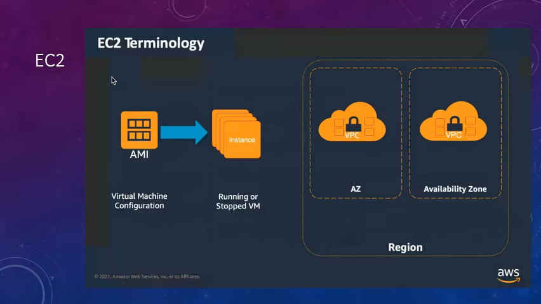Within an availability zone within AWS, you have VPCs, which are virtual private clouds. Now, these are basically your own private network, where you can put your own web servers, your EC2 instances, or your VMs, your virtual machines, same thing. So your VPC, virtual private cloud, is where you're going to put all of your web servers in the cloud, and it's a network.